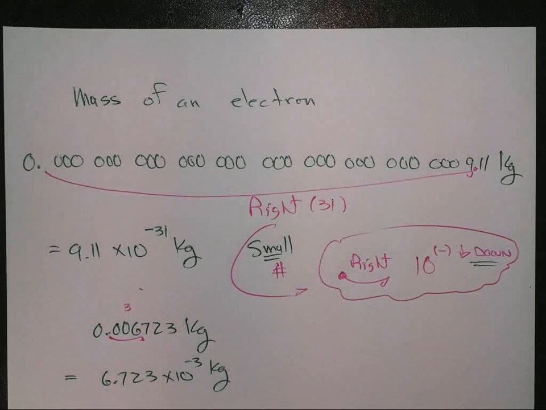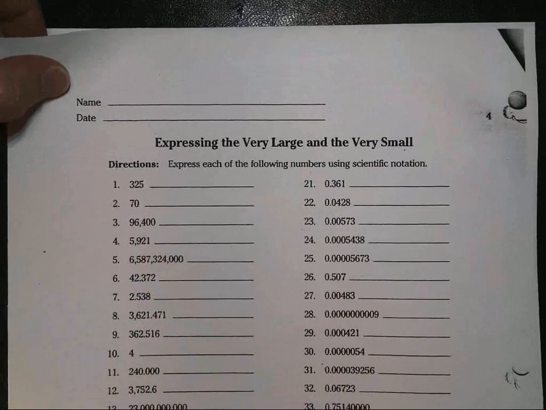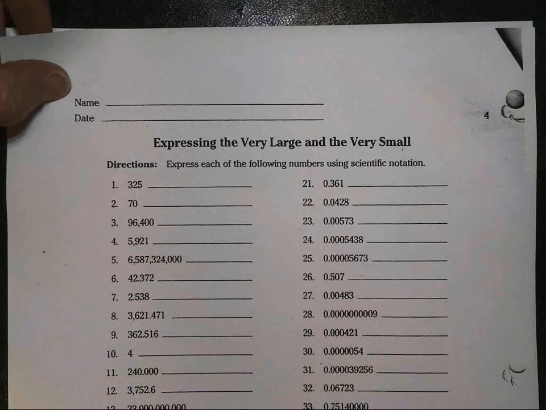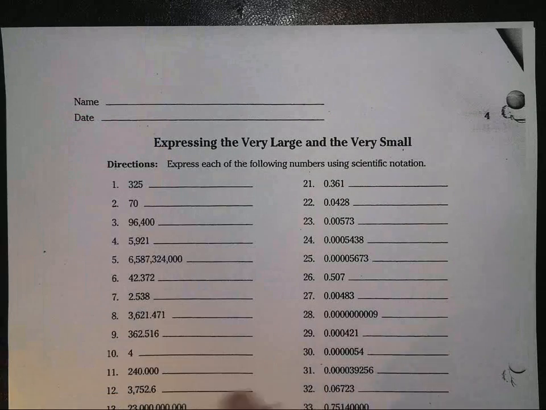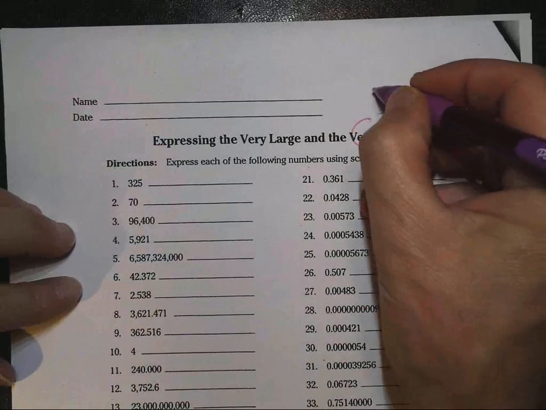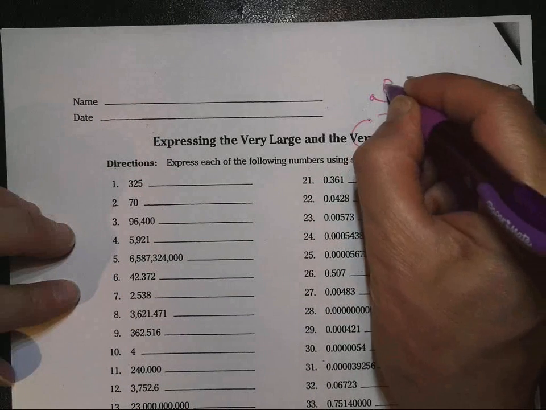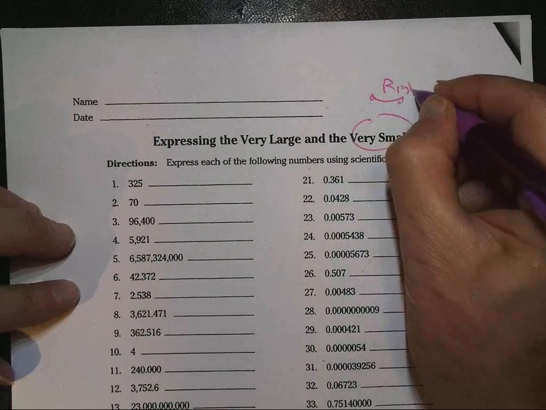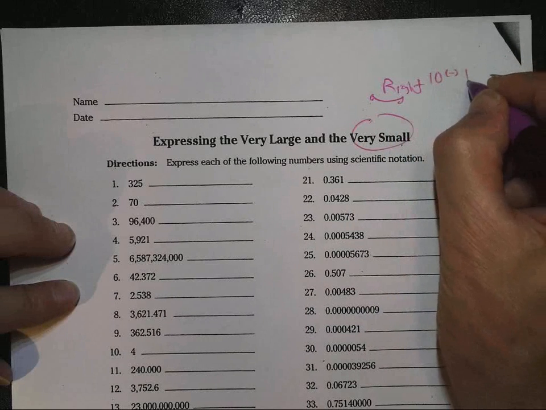So let's try a couple of examples on your sheet. This would be page 4 in your packet, expressing very large and very small numbers. And again, the way this works, if the number is very small, we move the decimal point to the right, and the power of 10 is negative, and it goes down.